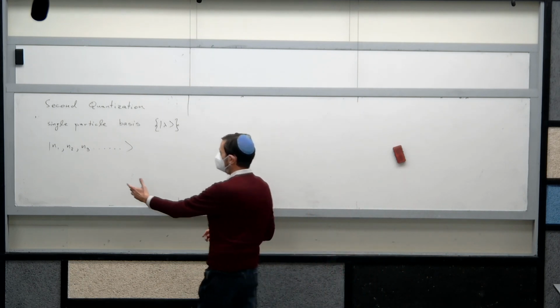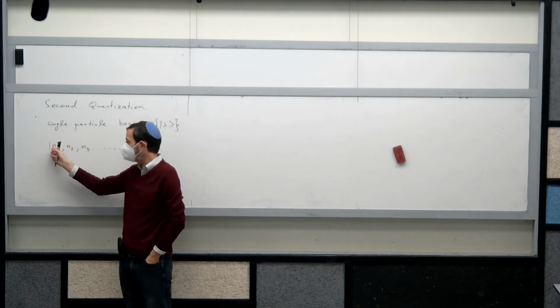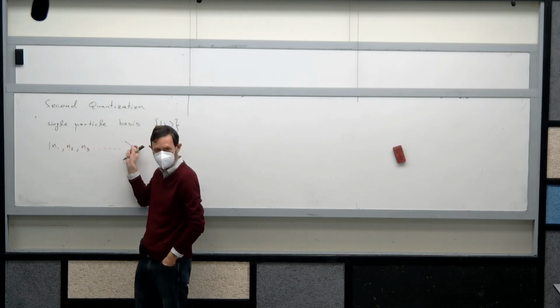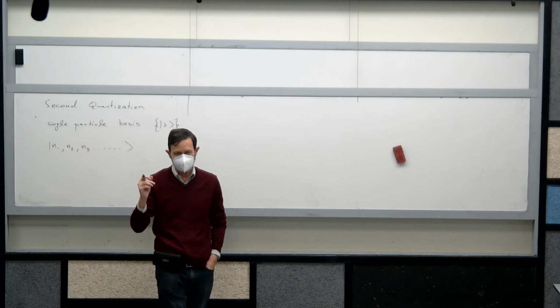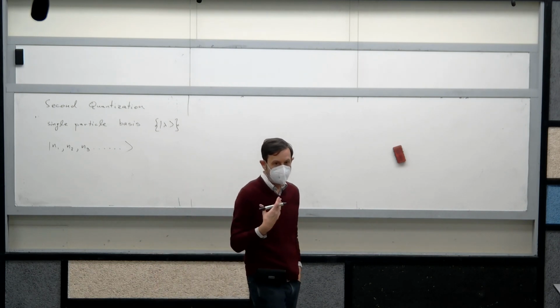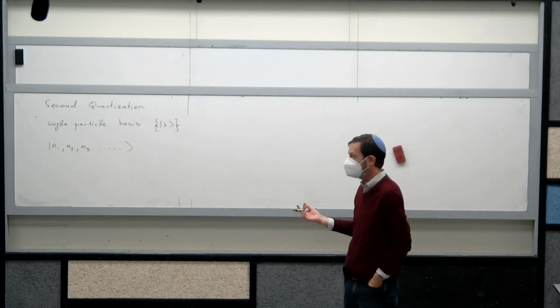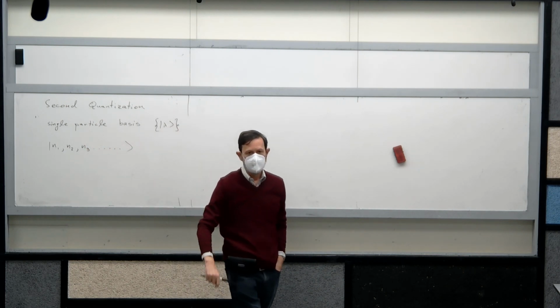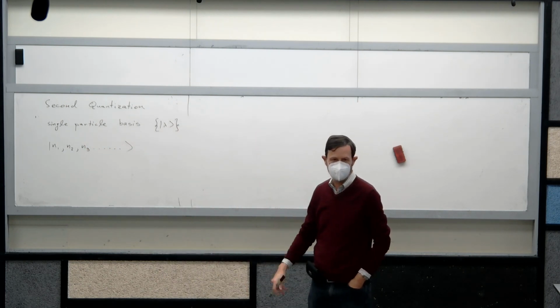Exactly, I'll have all the possible combinations of 1, 0, 0, 0, 0, 1, 0, 0, 0, and so on and so forth. If I have n particles, n1 plus n2 plus n3 plus so on should be equal to the total number of particles.